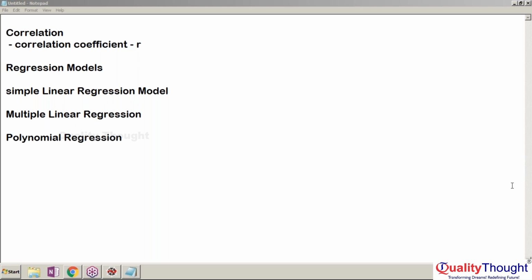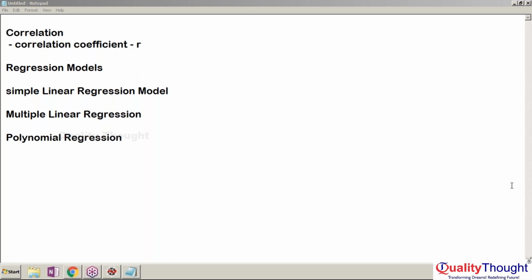What about the polynomial regression then? Polynomial regression is something that we have seen already yesterday. Even the polynomial regression works with multiple predictors and a single response.